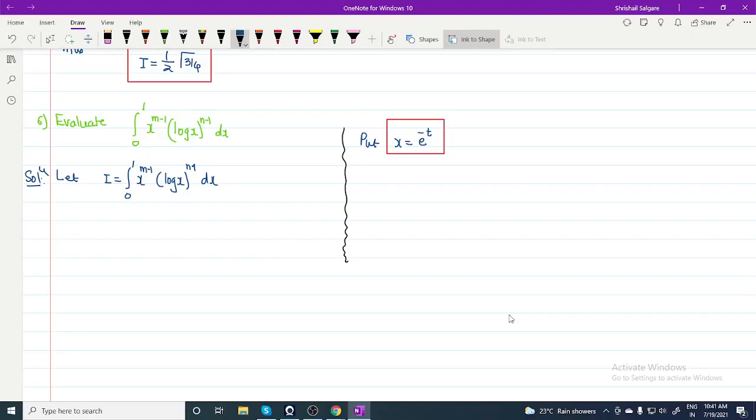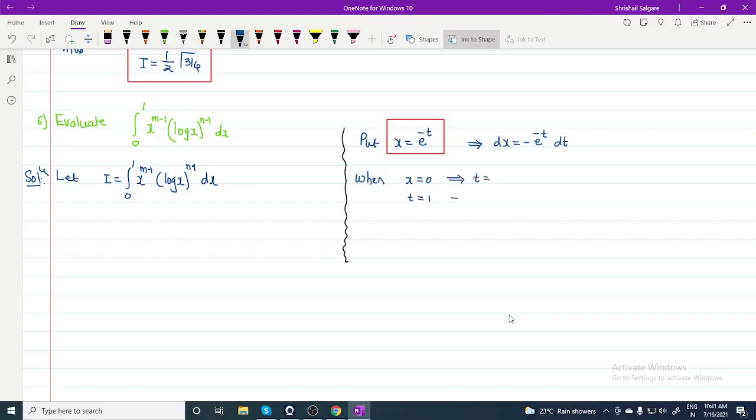Now I will differentiate this. If you differentiate, dx becomes the derivative of e raised to minus t, which is minus e to the power minus t dt. Now come to the limits. Given that when x is equal to 0 and when x is equal to 1, tell me, when x is equal to 0, what is the value of t?